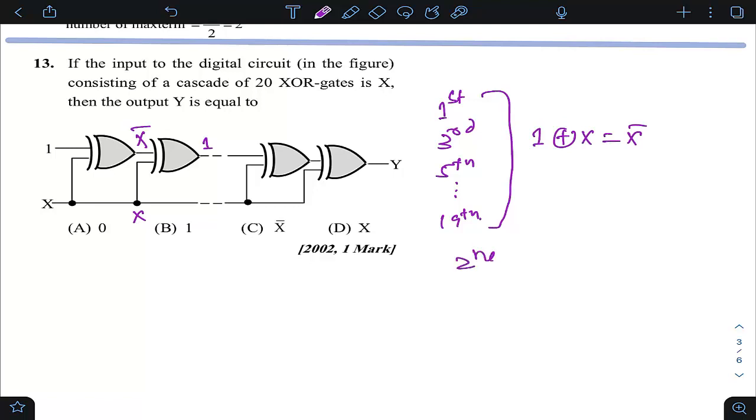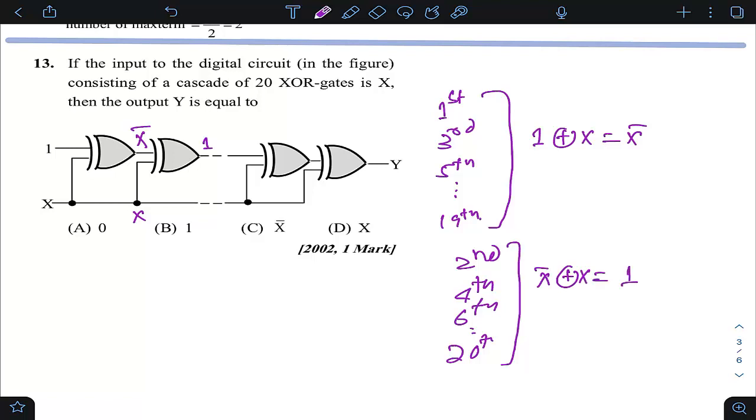But for the second gate, the fourth gate, the sixth gate, like this up to the 20th gate, what are the inputs? Like the second gate, the inputs are X bar and X. For the fourth gate, it is again X bar and X. So it is X bar XOR with X. So X bar XOR with X is 1.